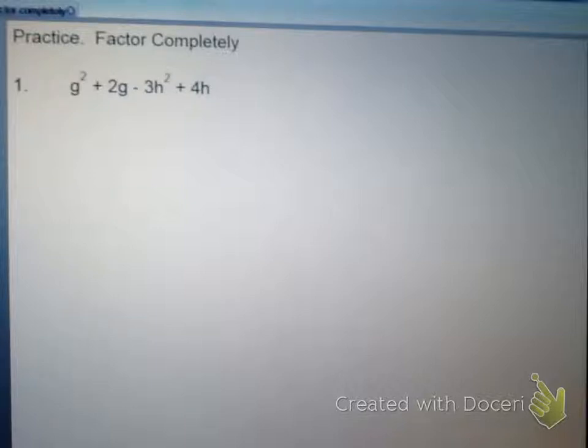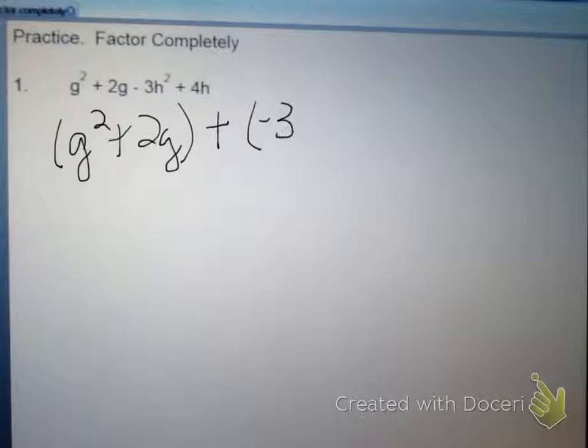Okay, on this one, I am going to look to see if I have a GCF. I do not have a GCF. I'm going to factor by grouping the first two together. I'm going to rewrite this, and grouping the last two together.